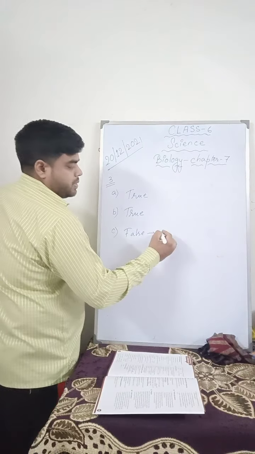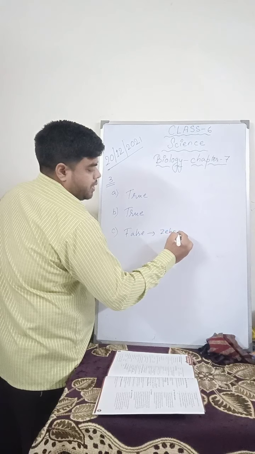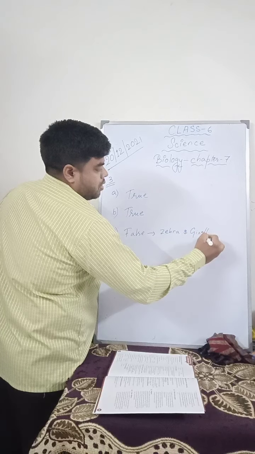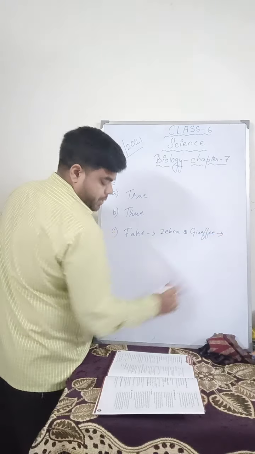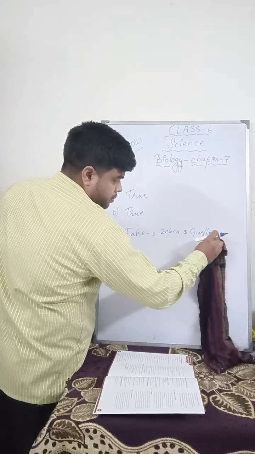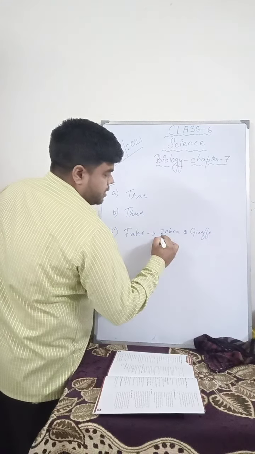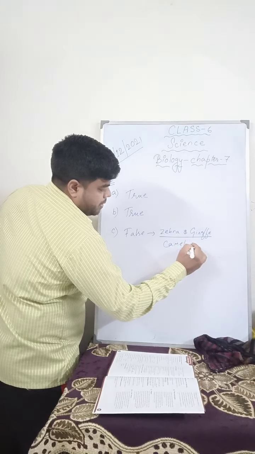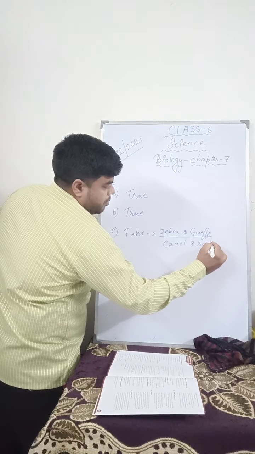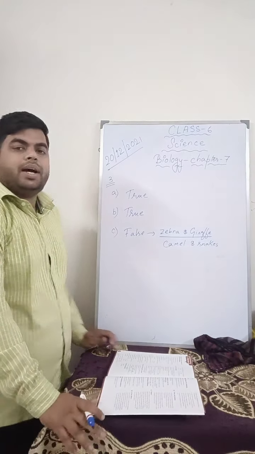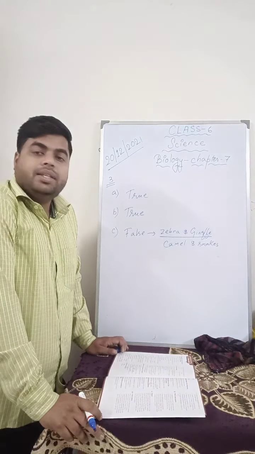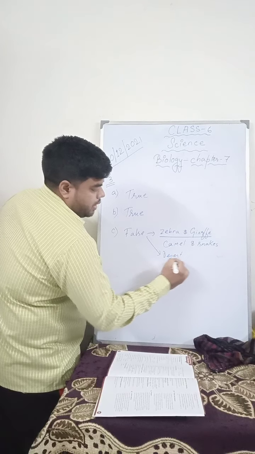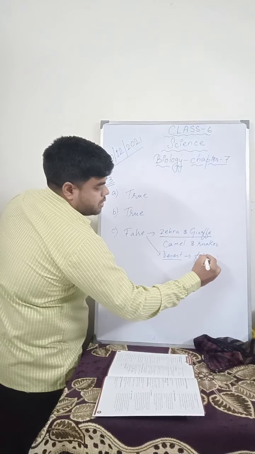If you want to strike off zebra and giraffe, you can give two examples, camel and snakes. But if you want to keep zebra and giraffe, then you can strike off desert. In place of desert, you can write forest.